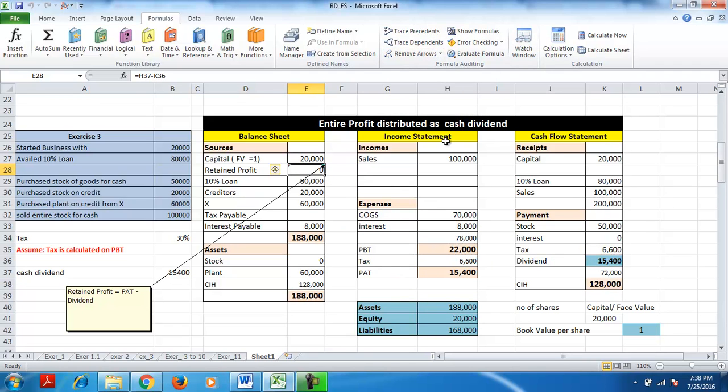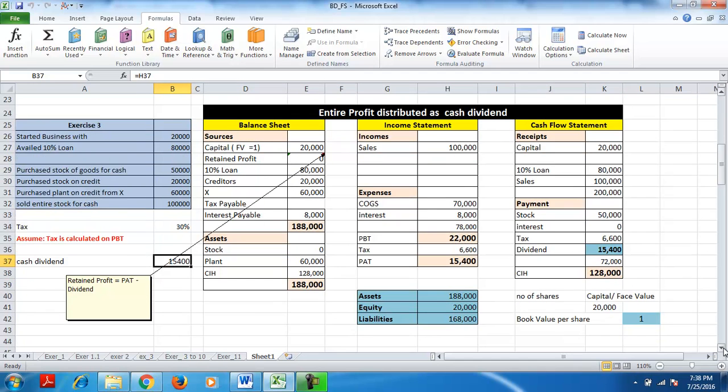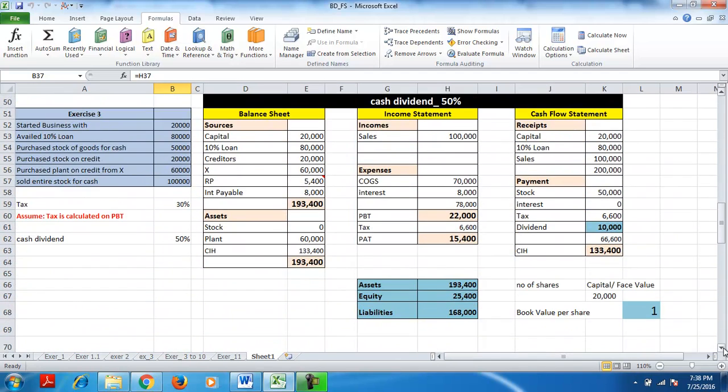Now we will change the way the profit is distributed. Instead of saying that the entire profit is distributed, if the language of the question is like this: the company has declared a cash dividend of 50%. Unless specifically mentioned, the rate of the dividend is always calculated on the face value of the capital.